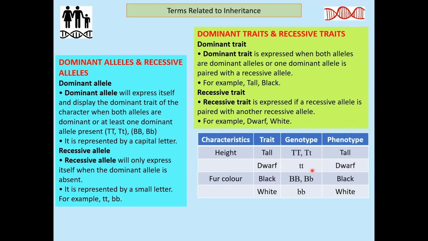Like this, recessive allele pair with recessive allele, so the phenotype is dwarf. This is the recessive trait. And this one is recessive allele paired with recessive allele, small b and small b, so the recessive trait is white.